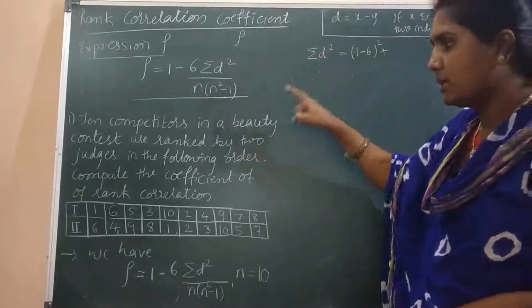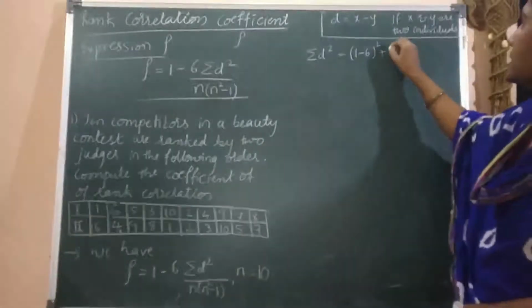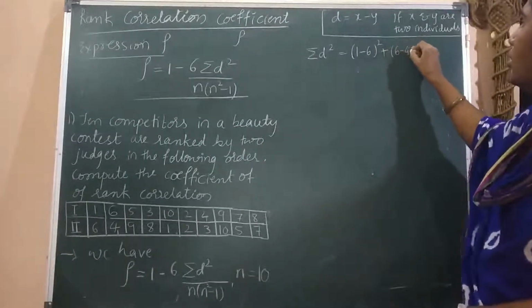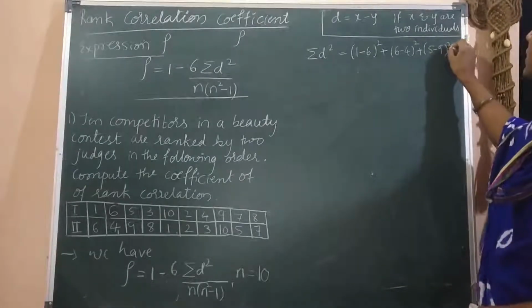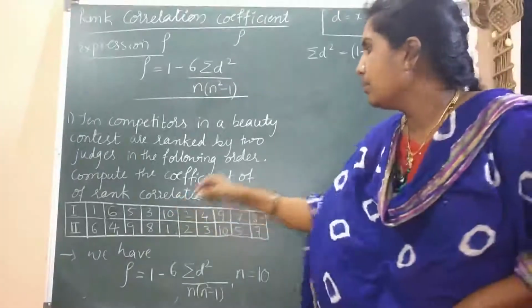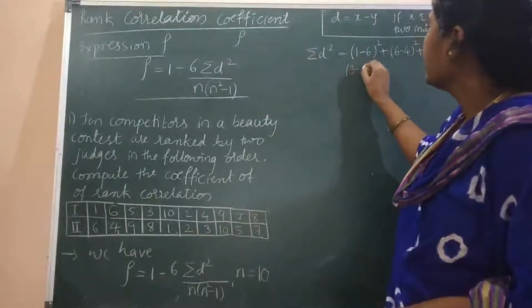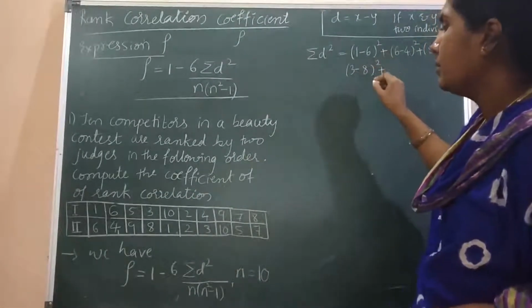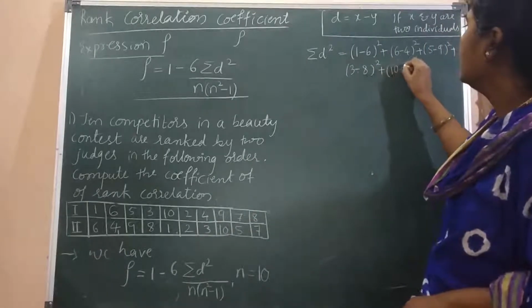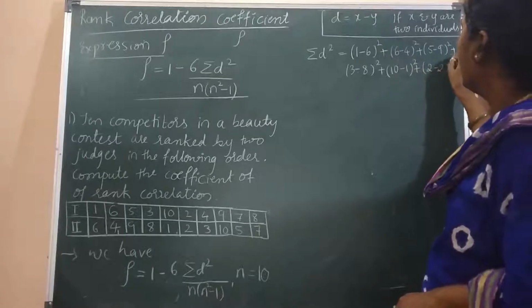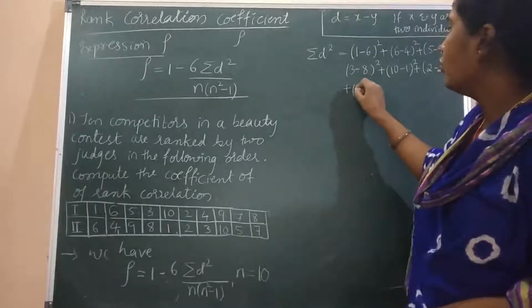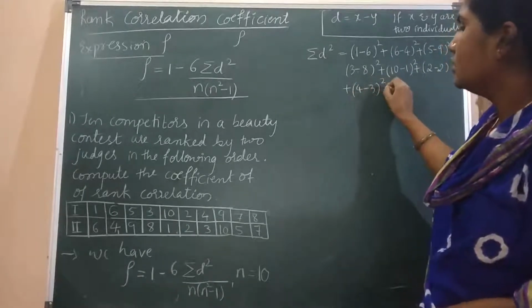Since it is summation, adding all these: plus 6 minus 4 whole square plus 5 minus 9 whole square plus 3 minus 8 whole square plus 10 minus 1 whole square plus 2 minus 2 whole square plus 4 minus 3 whole square.